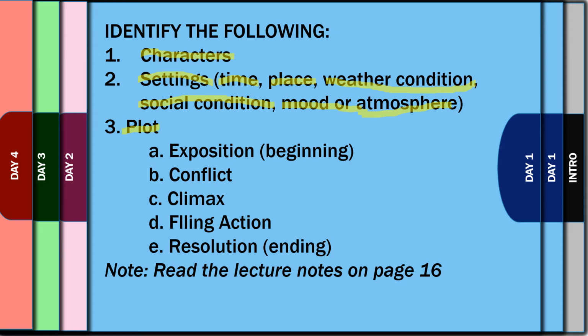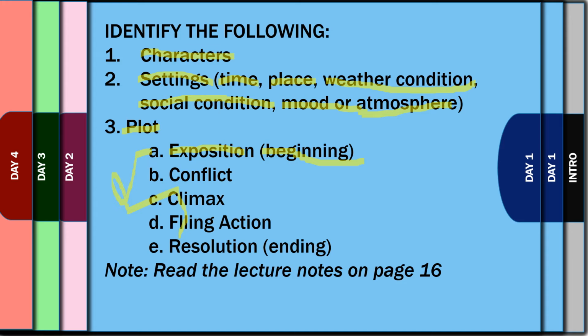Next, you have to find the plot. For plot, here are the following. First, exposition. It's easy to identify. It's at the beginning of the story. Most stories start with the name of the main character, with the setting, describing the area or the place where the story happened.